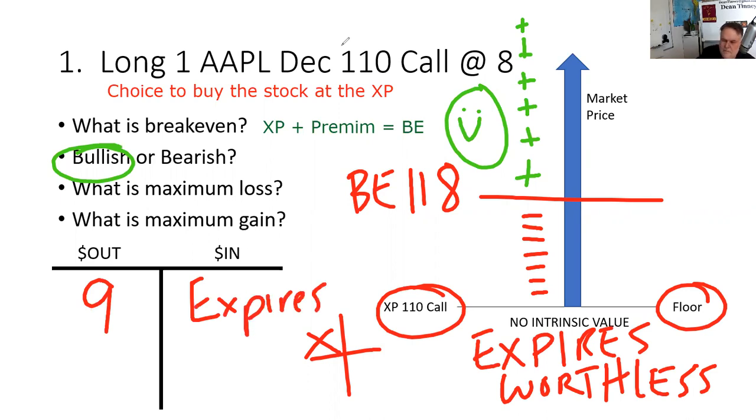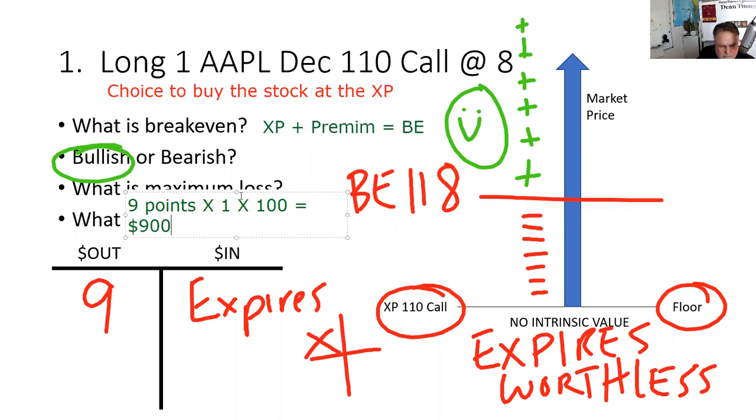Now be careful on this. They're not going to give you the test 9 points or $900. They'll give you one or the other, but the max loss is 9 points. And this is one contract, and each of these contracts governs 100 shares. And so the max loss is $900.